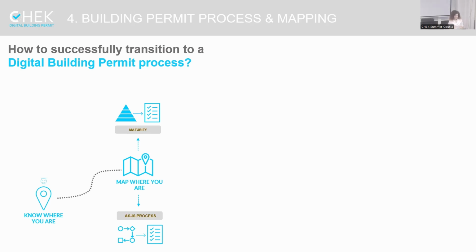So we arrived here, we mapped, we know where they are in the as-is process, and also we know how mature is this process. Next step is to know where you want to be.